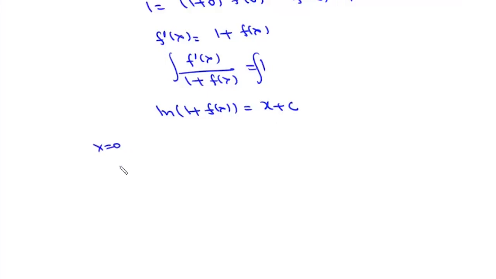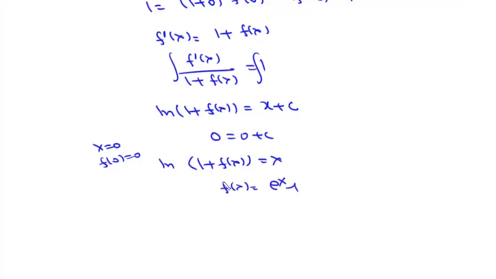Now when x is 0, f(x) is 0, so it will be log 1. So value of c is 0. So from here we can say log of 1 plus f(x) equals x, or this f(x) is simply e to the power x minus 1. So our function f(x) is e to the power x minus 1.